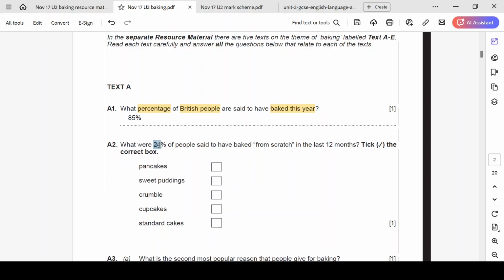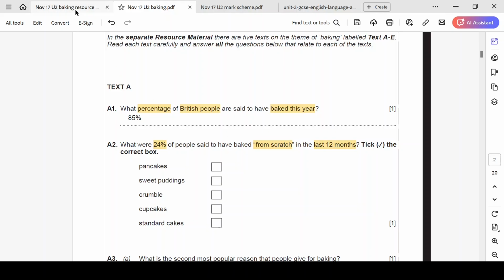So I'm going to be looking in the resource material for the number 24, 24%. Baked from scratch, that looks quite important. And last 12 months, again, just to make sure that I'm finding the information that I need rather than think that I'm finding it and actually looking for something entirely wrong.